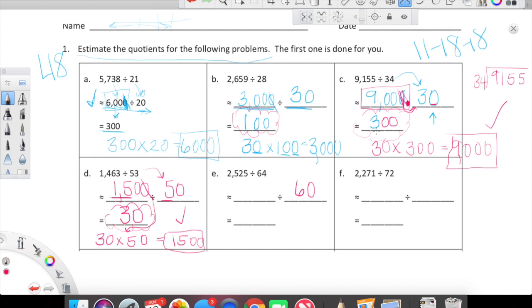We're going to do this first. We'll go through all of this long division, and then we're going to, just like we did with multiplication, check and see if our final quotient is close to our estimated quotient.